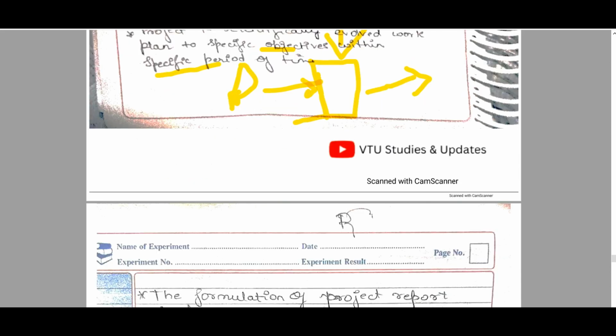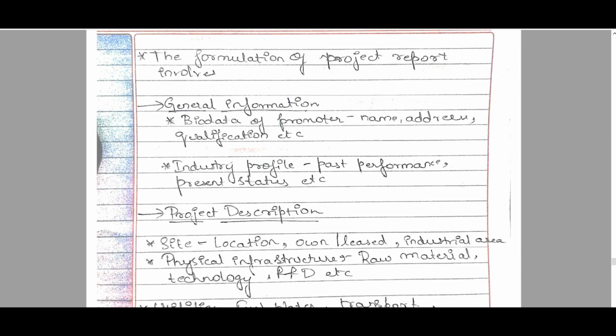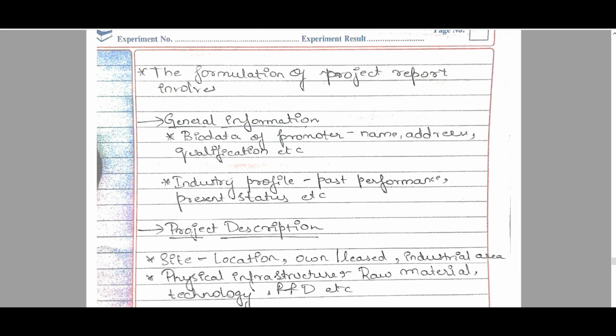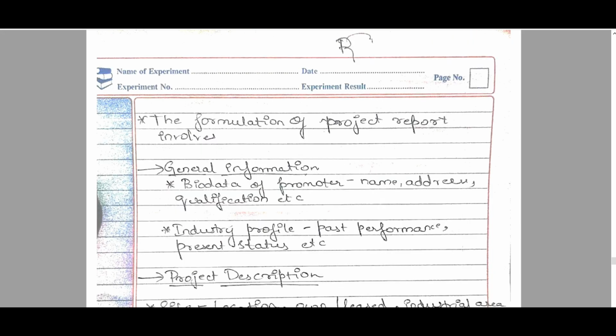In simple words, a project is a plan which has some objectives which must be achieved in a specific period of time. The formulation of a project report, general information, like how a project report should be created.